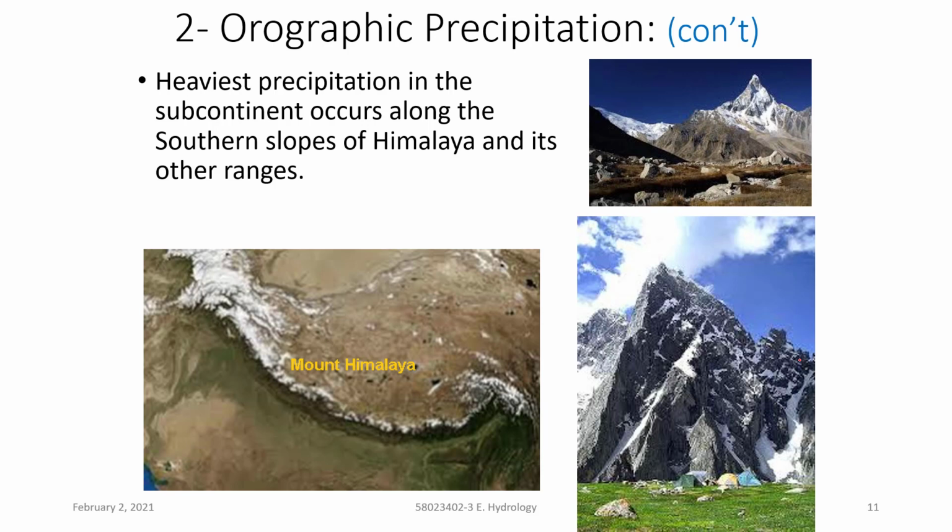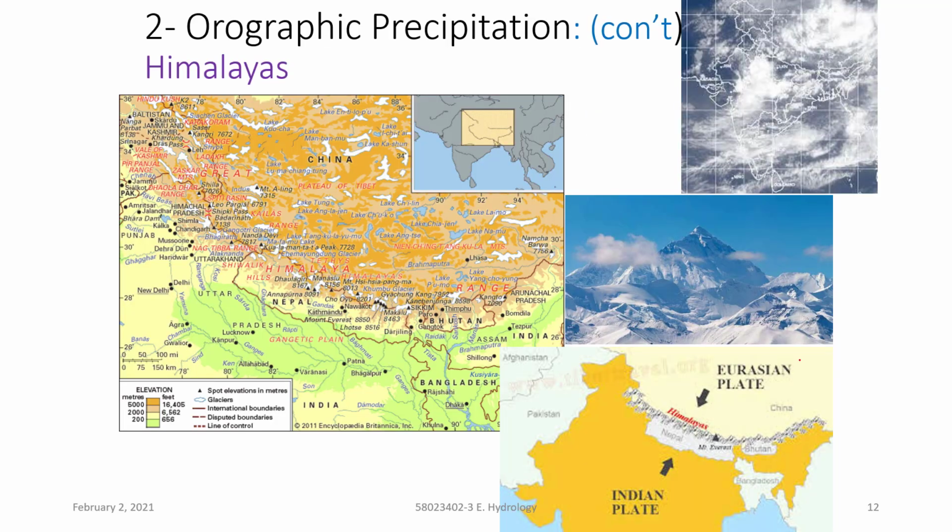Heaviest precipitation in the subcontinent occurs along the southern part of the Himalaya and its other ranges. As you know, the Himalaya is in the mid part of Asia, and it borders many countries like Pakistan, India, China, Nepal, Bhutan, and maybe some parts of Bangladesh.